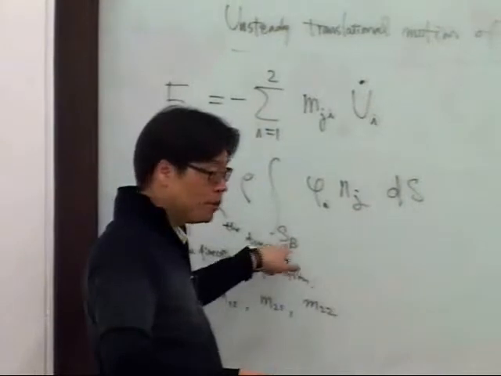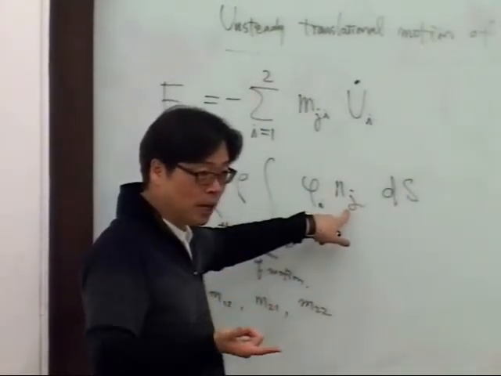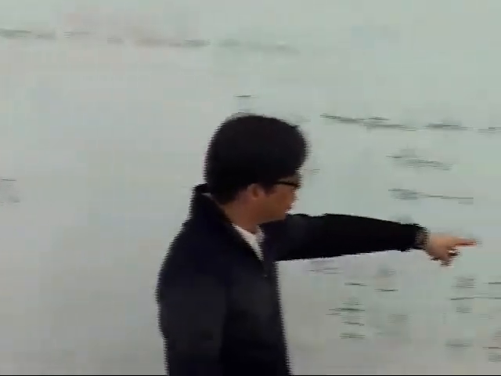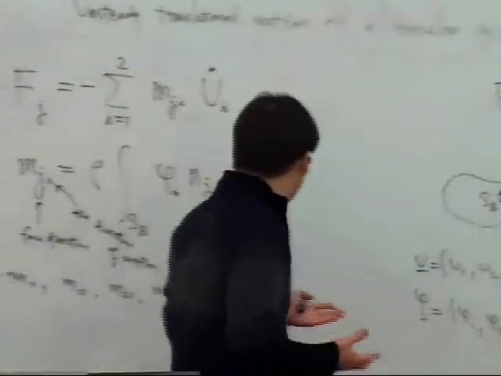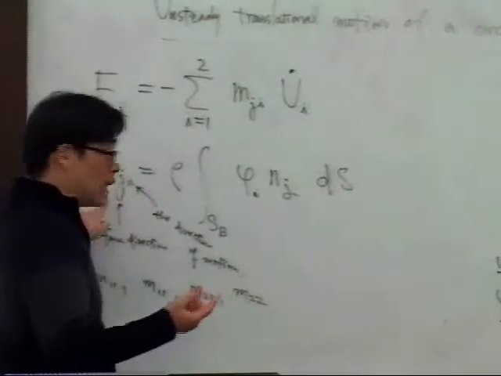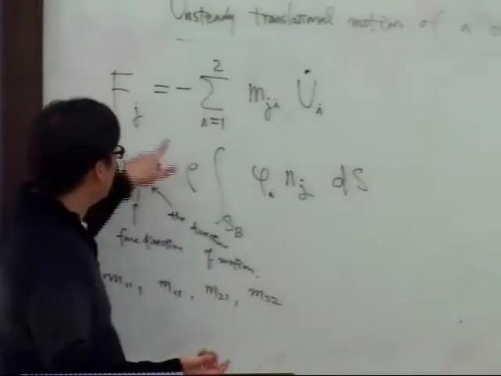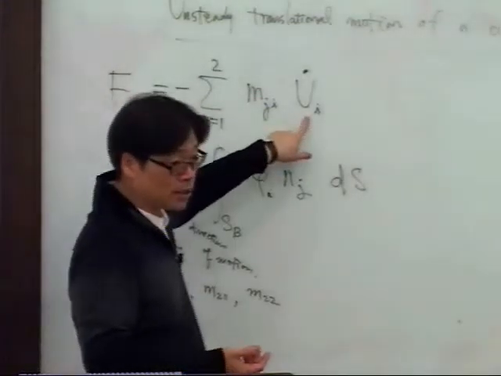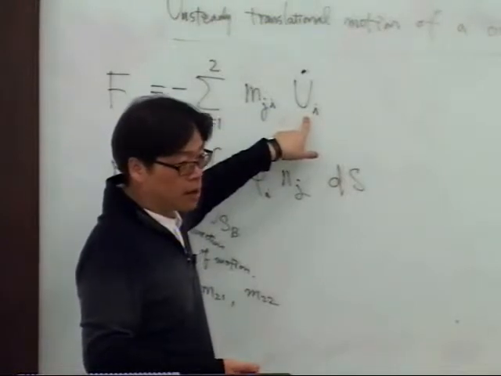The normal vector is related to body geometry, and phi_i depends only on geometry. So once you know the body geometry, you can pre-compute this. And then once you know the acceleration of the body later, you can compute force easily by just multiplying by acceleration. Okay?